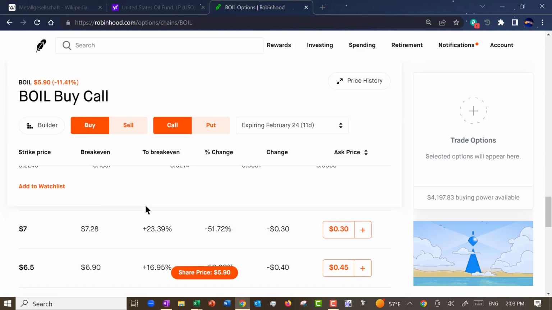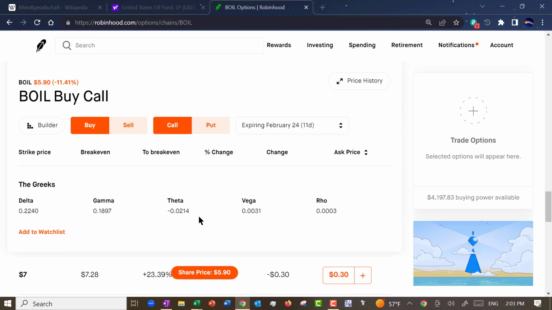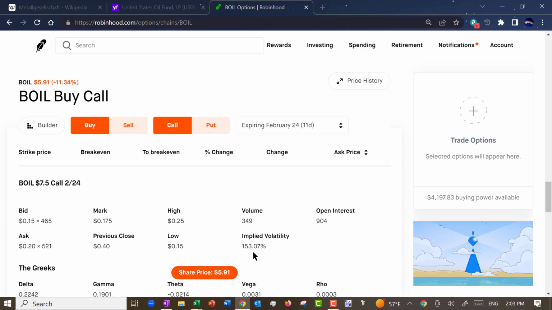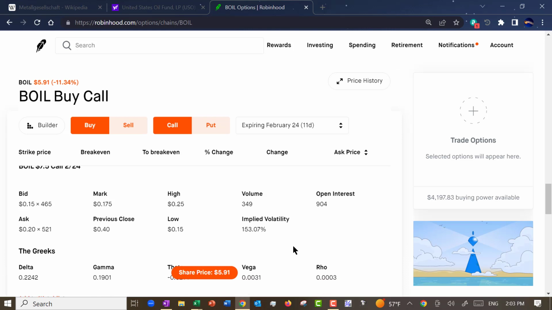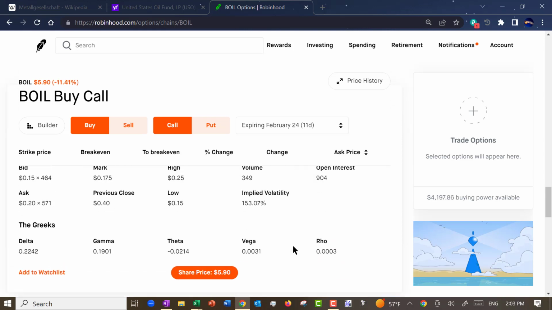If I look at this, it actually should tell me, this one doesn't, but the app on my phone is going to tell me so-called probability of profit or finishing in the money. No, that's a different thing.